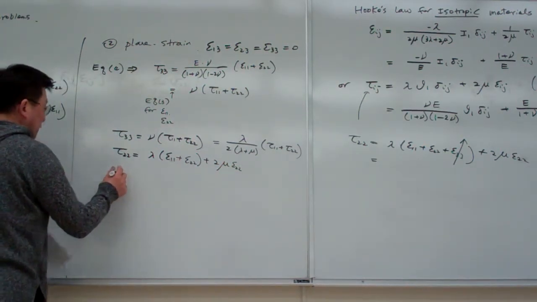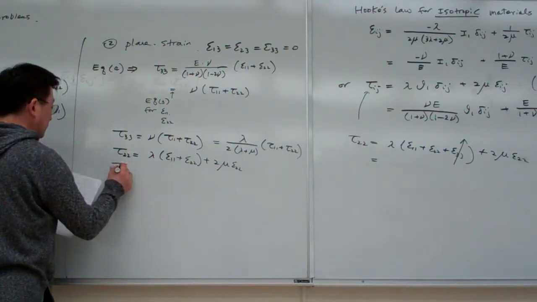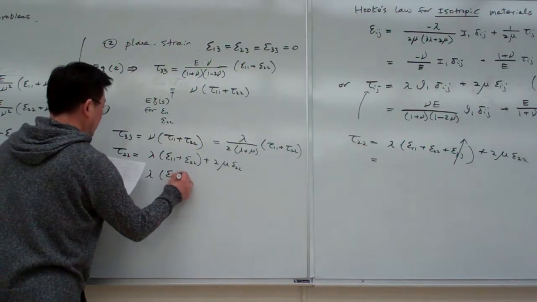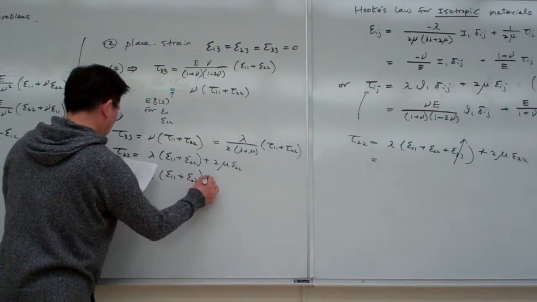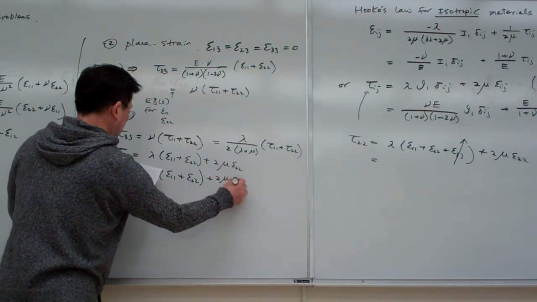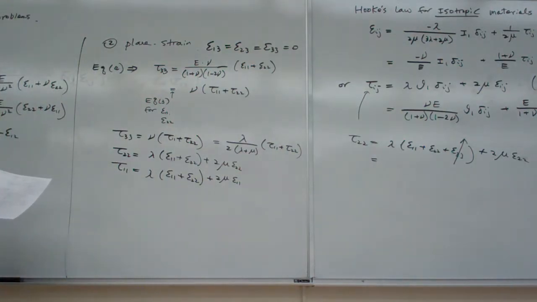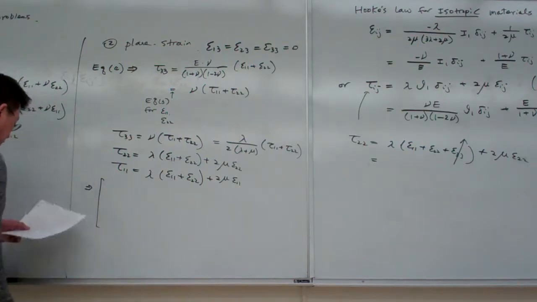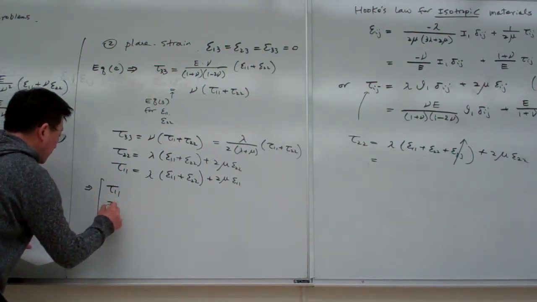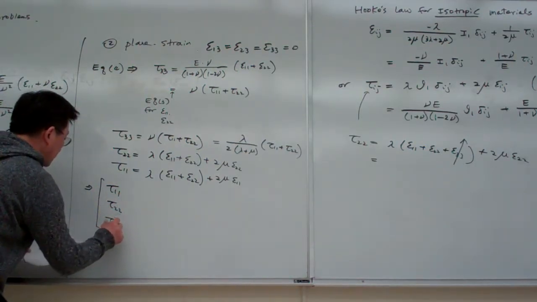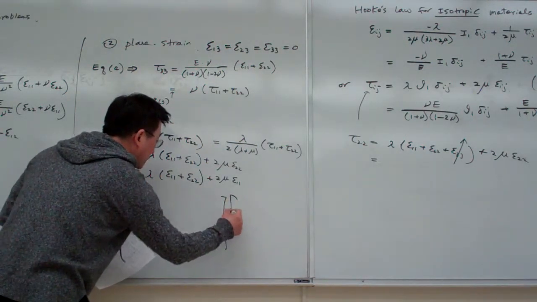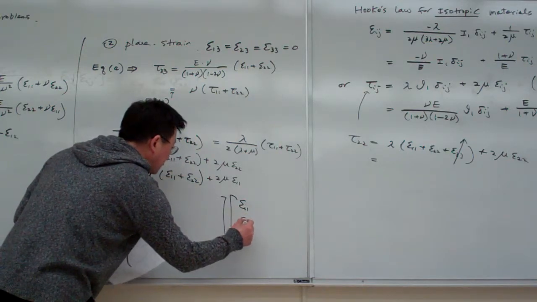In a similar way, tau 11 equals the analogous expression. So therefore, from here we can write everything. Tau 11, tau 22, tau 33 simply equal to whatever in terms of the strain.